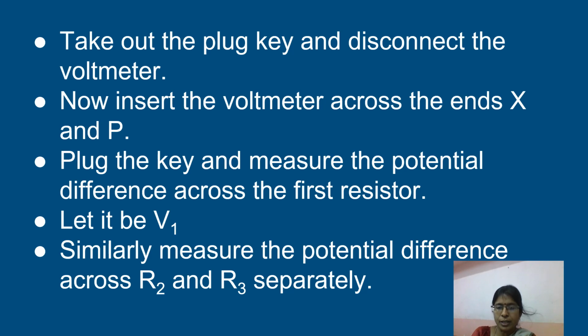So insert the voltmeter across the end X and first resistor. Then plug the key. Again, note down the potential difference across the first resistor. For example, consider it to be V1. Similarly, measure the potential difference across R2 and R3 also. That is across second resistor and third resistor also.